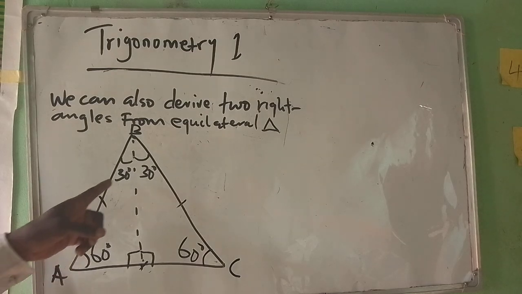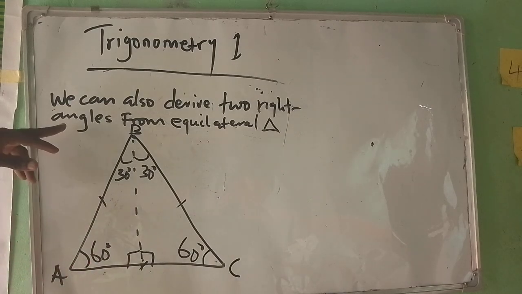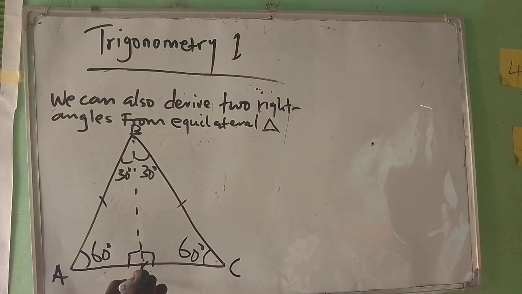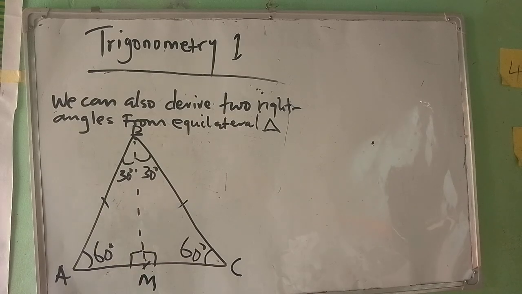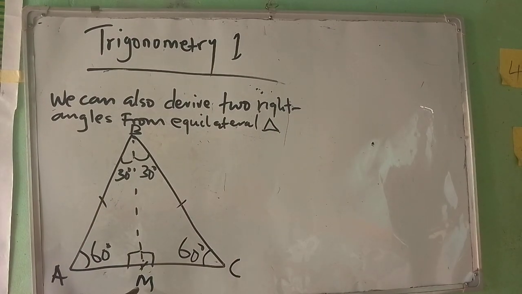If you combine 30 degree plus 30 degree. Why did we divide it? Because we wanted to get two right angle triangles from this equilateral triangle. If you divide it into two, and you mark this place to be M, for example, that means ABM is a right angle triangle. Then MBC is another right angle triangle.